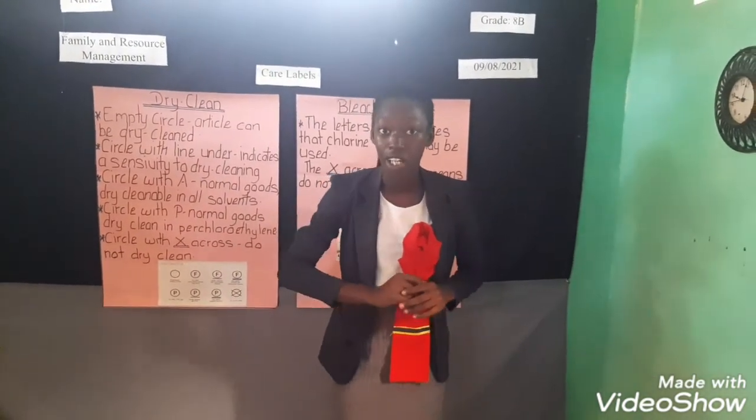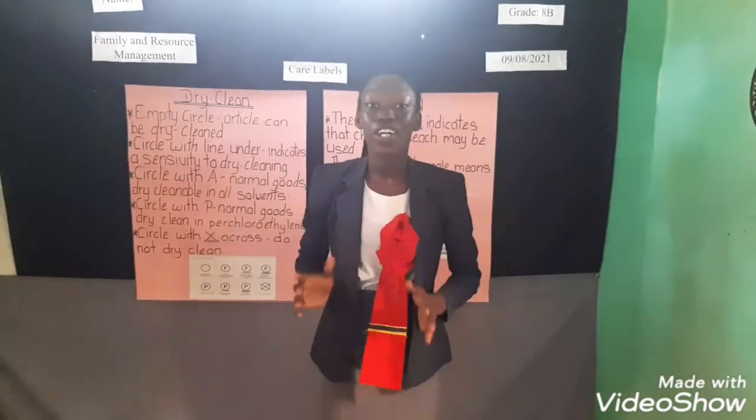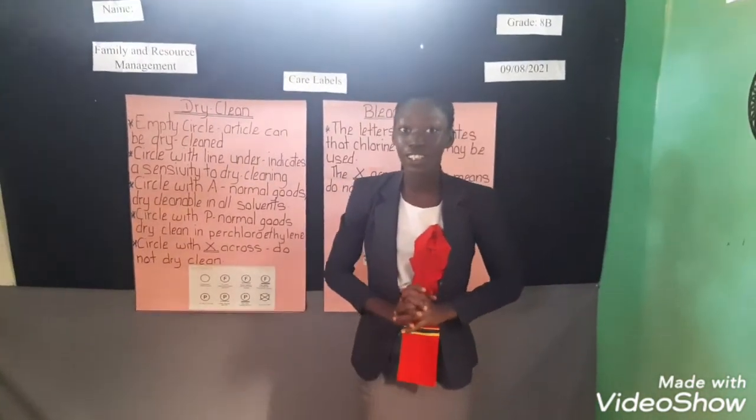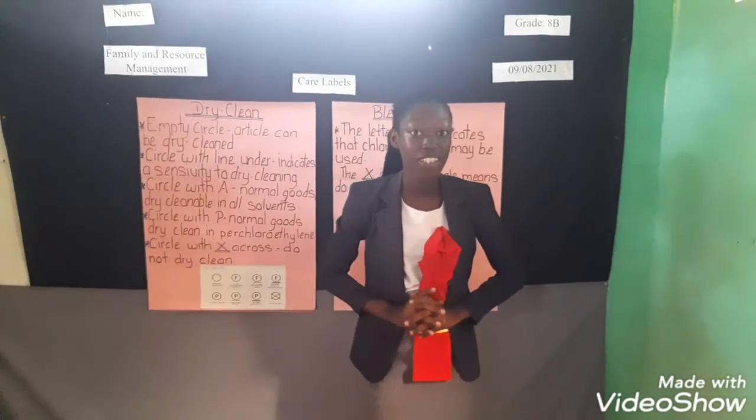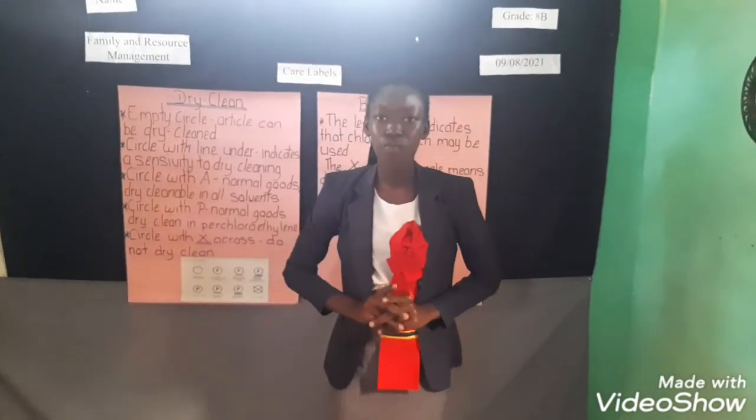I will walk around and check. Good. I love these drawings. All are neat and clean, and all of you got the symbols correct for the different methods. Very good.